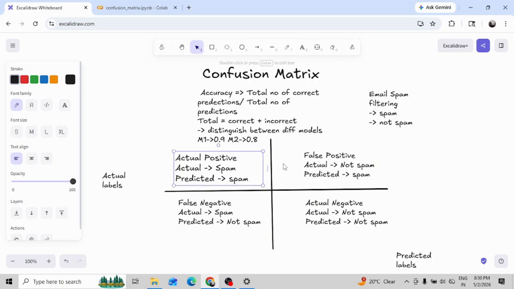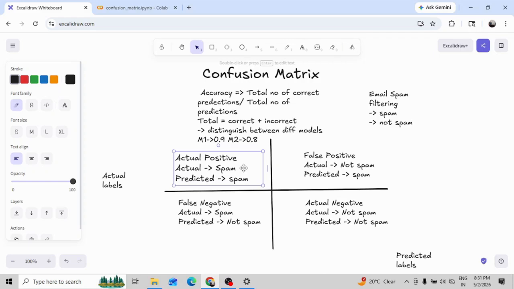First, I'm going to talk about actual positive. If I take an example of email, the email is actually a spam, and the machine also predicted that this email is a spam. This is what is meant by actual positive.